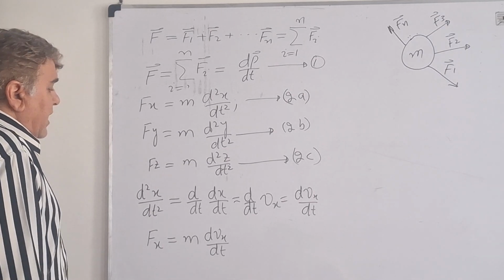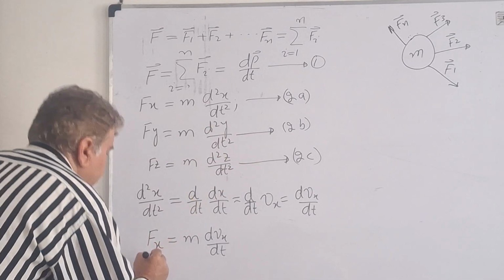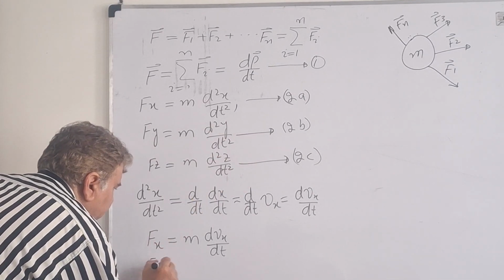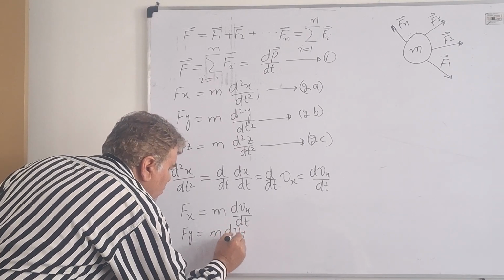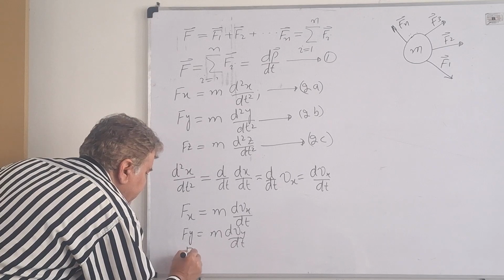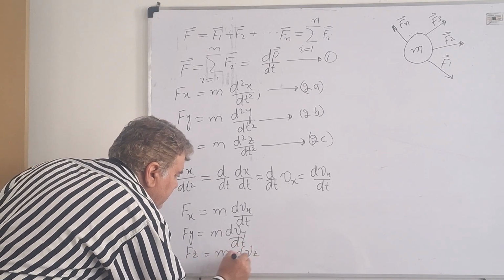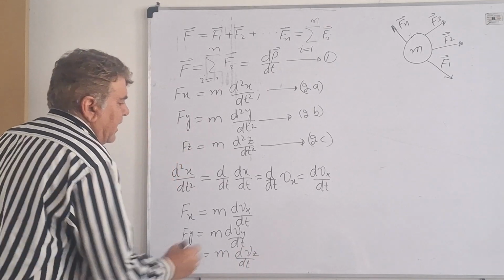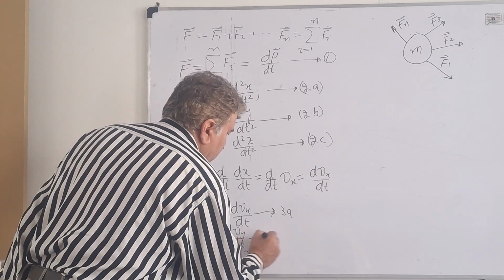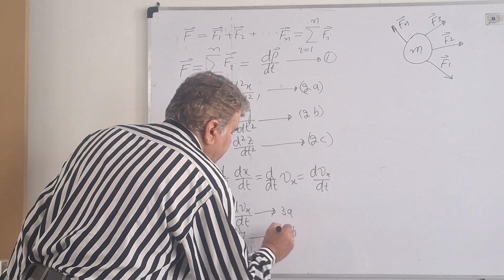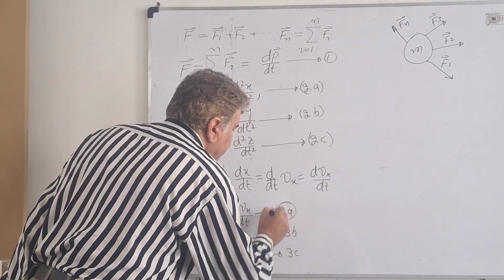Similarly, I can write it for the other two equations, and they will give me F y equals m dvy over dt, and F z equals m dvz over dt. I call this equation 3a, this one equation 3b, and this one equation 3c.